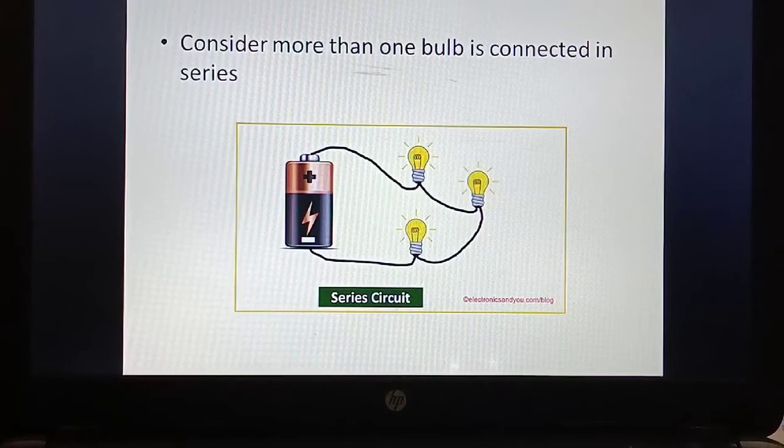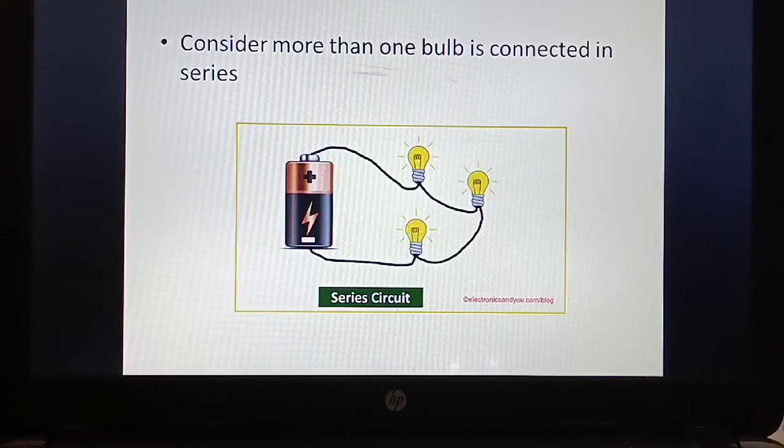Whether it increases or decreases. If you see the brightness, it decreases, isn't it? How is it happening? The brightness decreases when you connect 3 bulbs to the circuit.